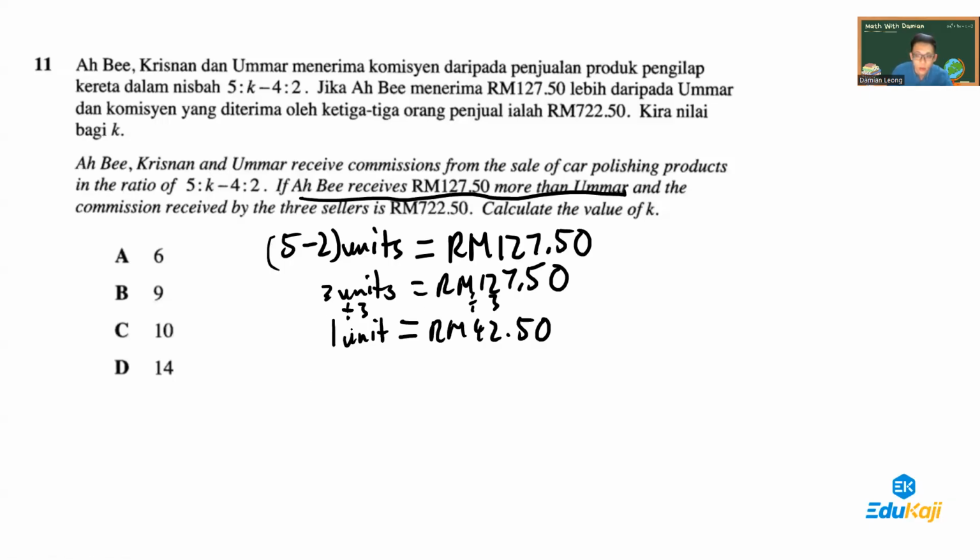I find total units. Means I take the total commission divided by the value of 1 unit.